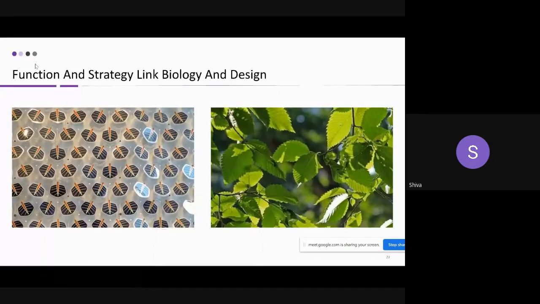If you are an entrepreneur and biomimicry person, you will look at what the leaf does, and you will build a solar panel to do what the leaf is doing. You'll understand the function of a leaf, you'll understand the strategy of a leaf, and you link it to your design. That's why biomimicry is called the bridge between nature and design. The bridge here consists of function and strategy.